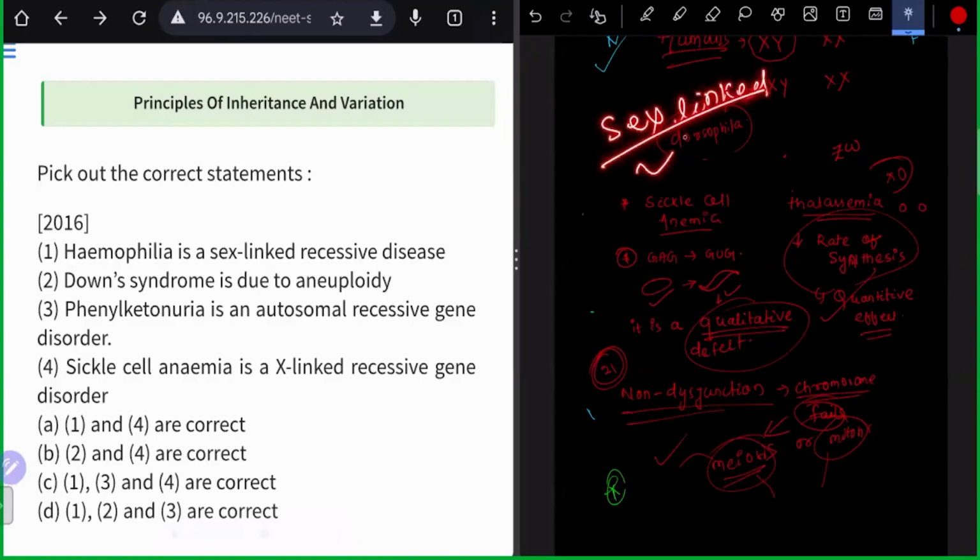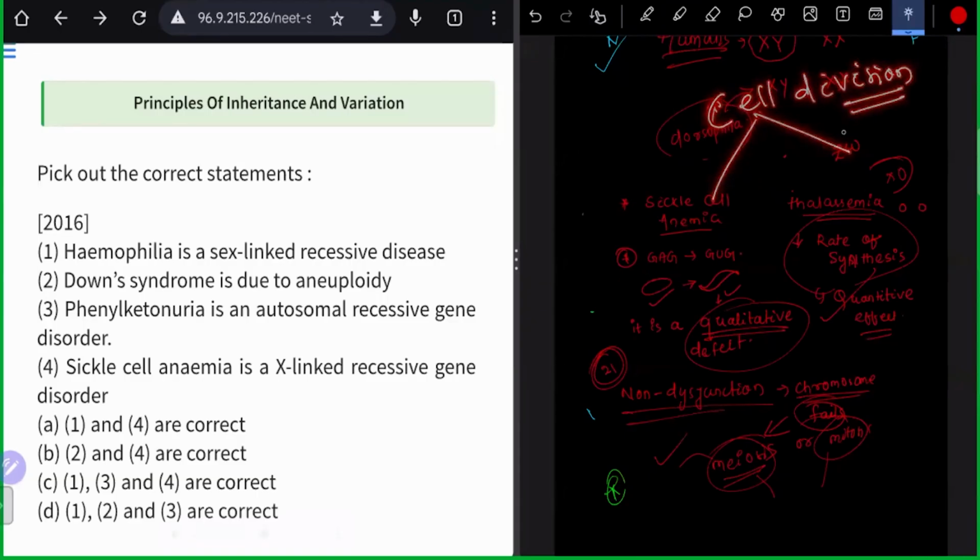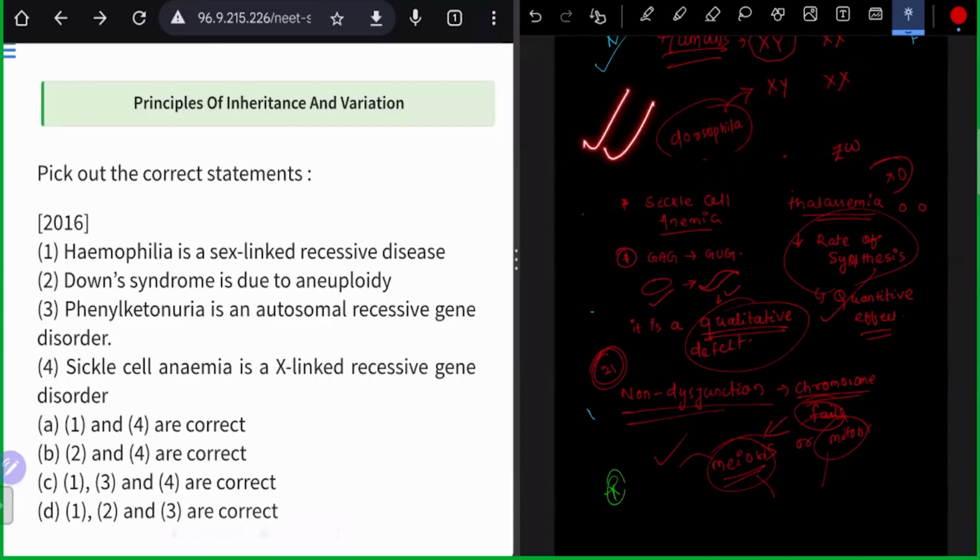So it is correct. Second option, Down syndrome is due to aneuploidy. Aneuploidy means there is a failure of segregation of chromatids during cell division, which results in a gain or loss of a chromosome.